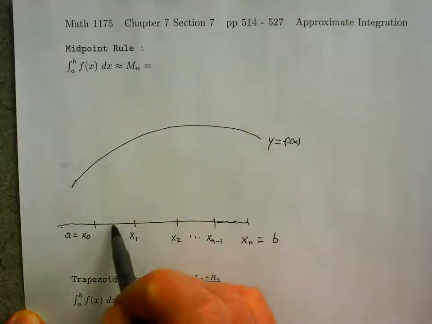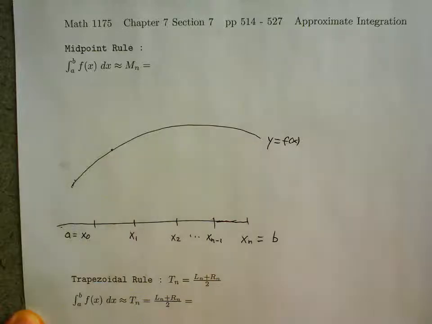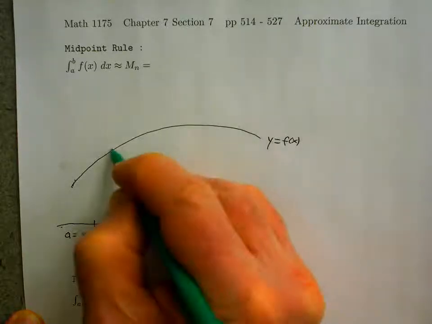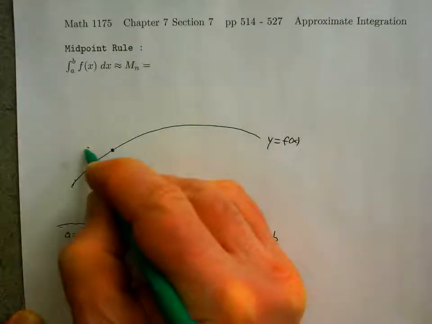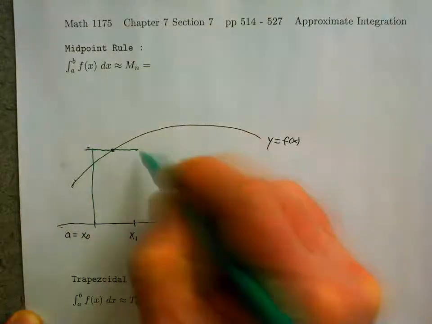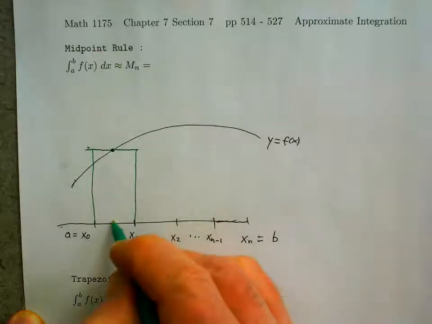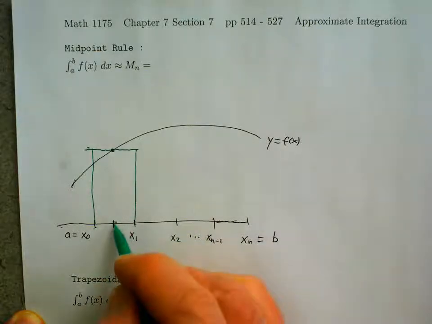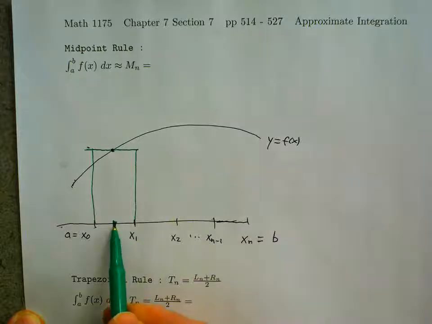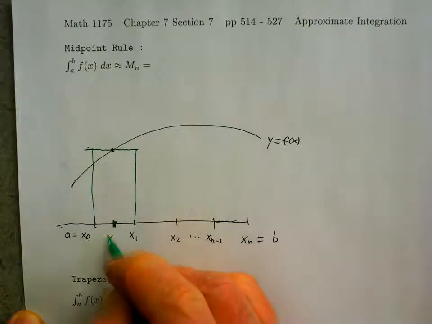the midpoint determines the height of the rectangle. We refer to the midpoint of that interval, so pretend like this is in the middle between x sub 0 and x sub 1. We refer to that as x sub 1 bar.